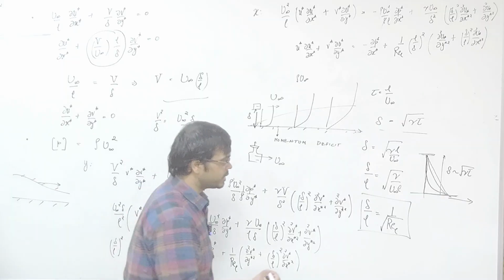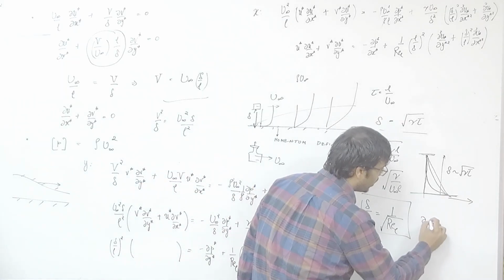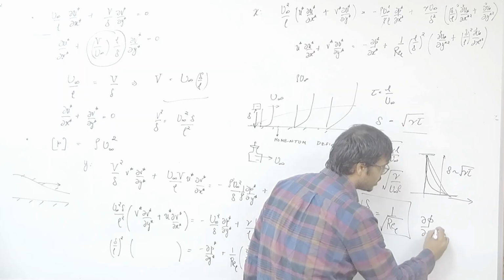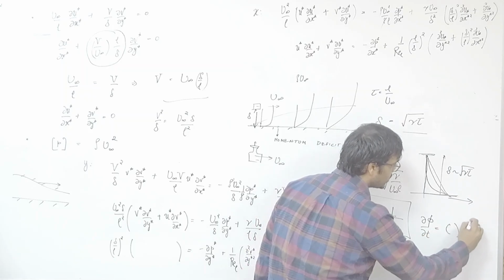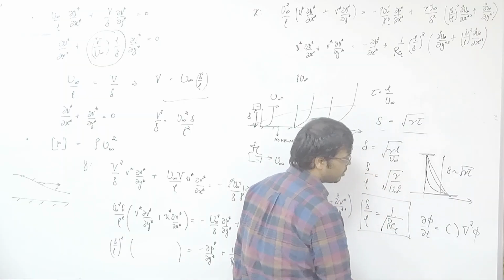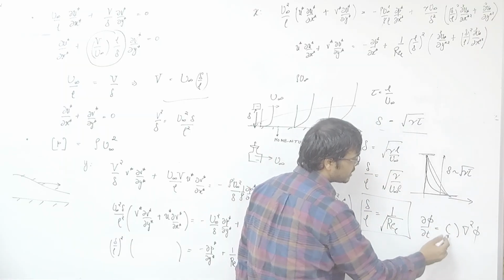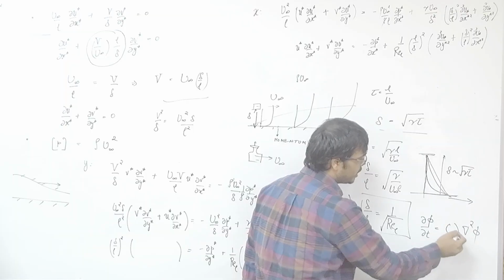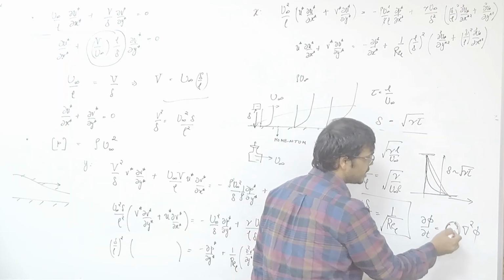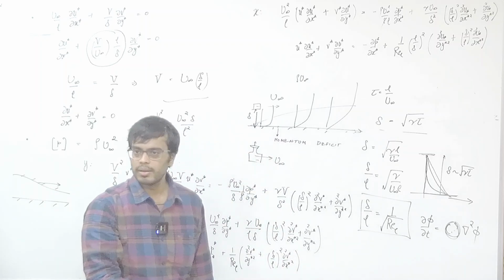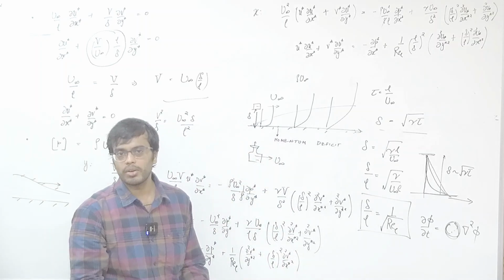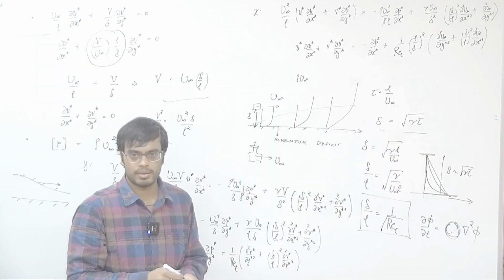If you have any quantity, let us say phi, that is diffusing, this is your diffusion equation. The only way this equation is physically relevant is if the coefficient has units of meter square per second, and it is independent of what quantity you are looking at.